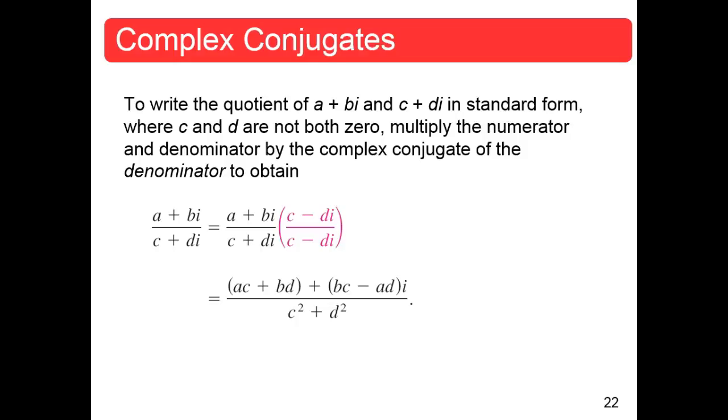All right, it messes up the numerator a little bit, okay? Still a complex number. AC plus BD, remember, because the i squared is minus 1, so that becomes that, and then you get minus ADi plus BCi, so BCi minus ADi. So it's still just a complex number.